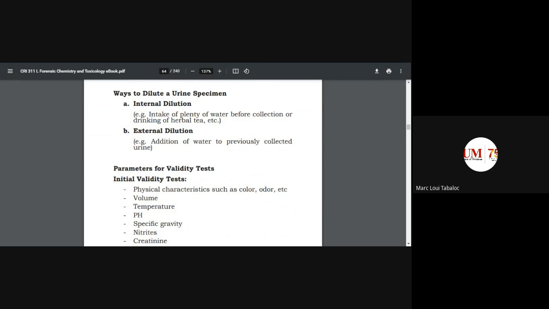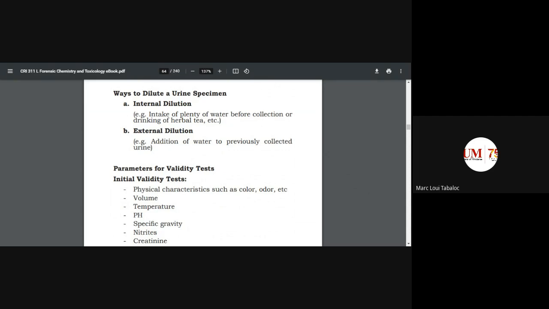How about dilution of a urine specimen? There are two kinds of dilution, internal and external dilution. For example, in internal dilution, of course, to clean the kidneys and the urinary tract, one drinks a lot of water before collection. Or urinates frequently, right? Something weird. And of course, the external dilution.